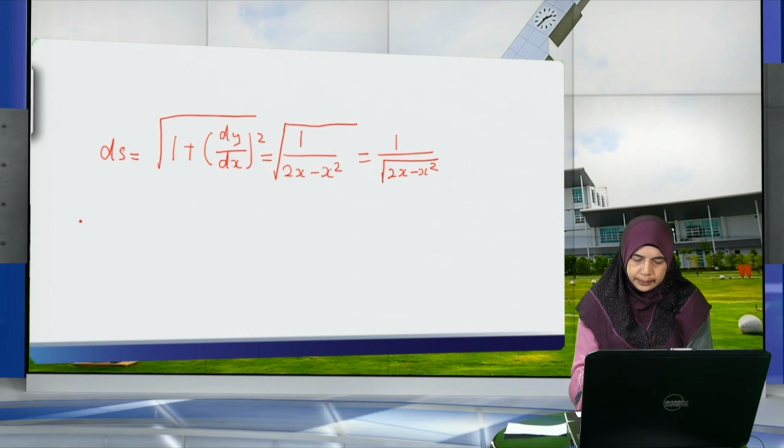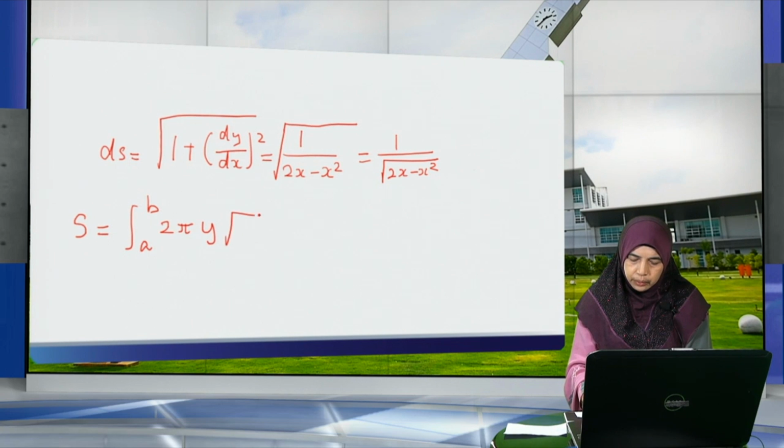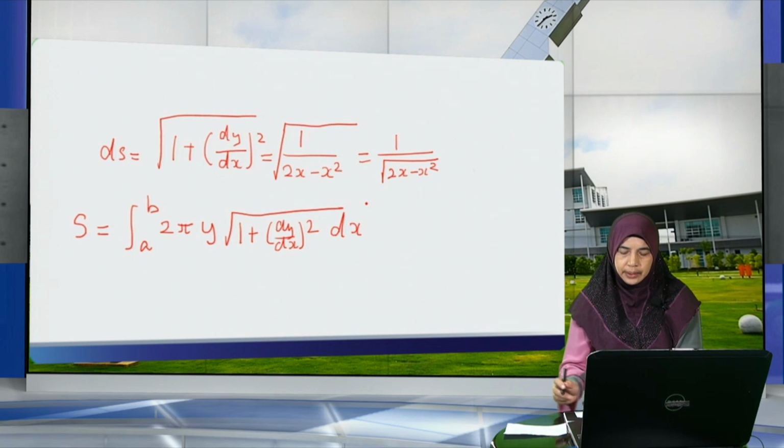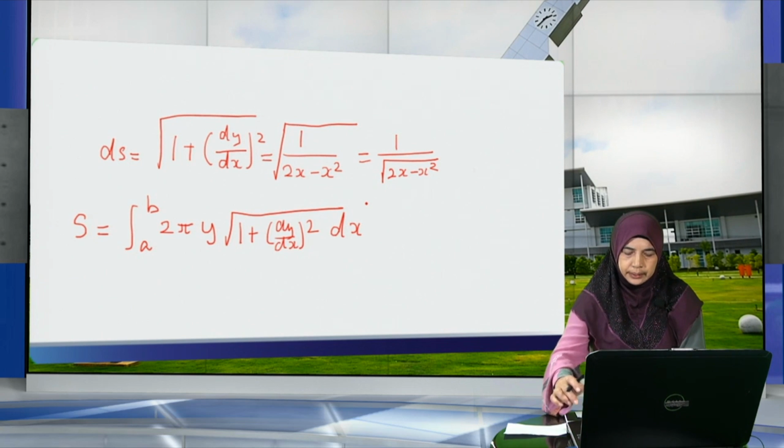Formula of s is equivalent to the integration from a to b 2 pi y square root of 1 plus (dy/dx), the whole thing squared, dx. Okay? So let's find the, we know the formula now.